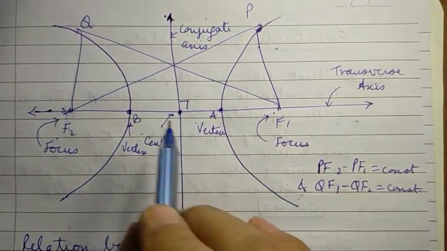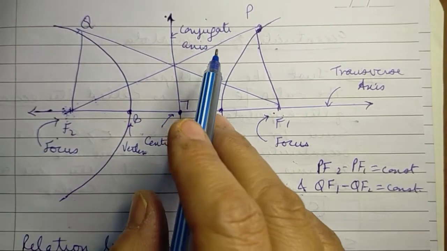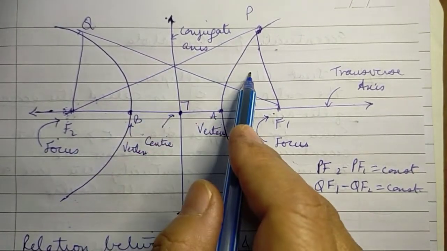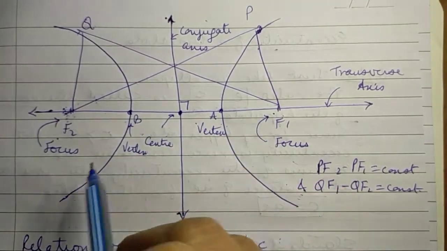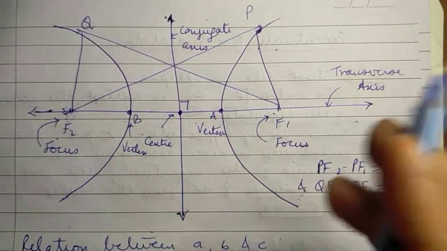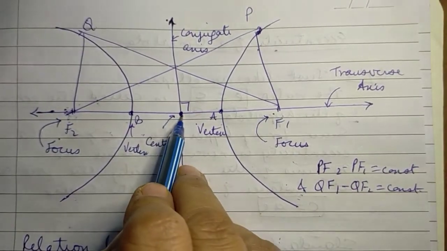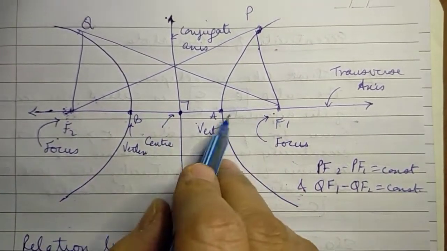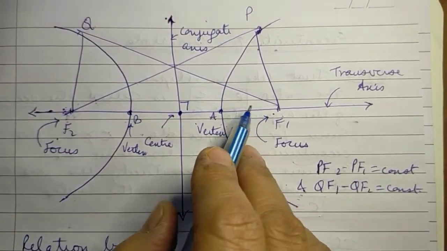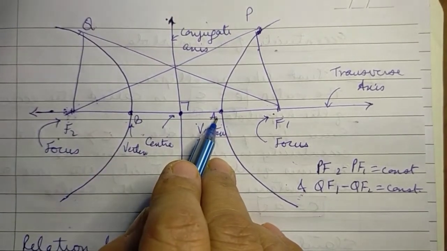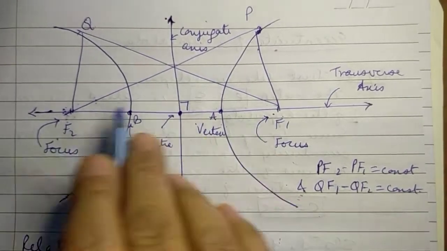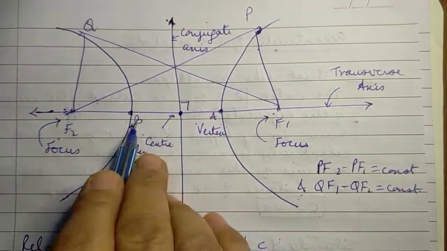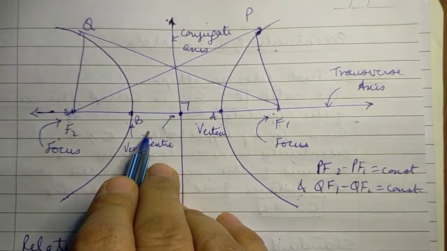Now here, there are 2-3 differences between an ellipse and a hyperbola. In case of an ellipse, the foci were inside the ellipse and the vertices were farther away from the center. So the distance of the foci from the center was smaller than the distance of the two vertices from the center in case of an ellipse, whereas over here the foci are much farther away from the center as compared to the two vertices.